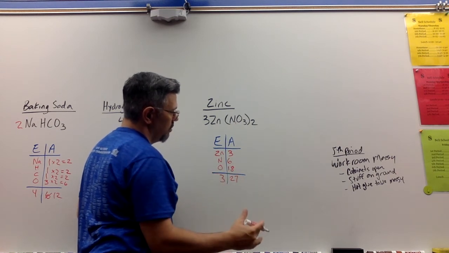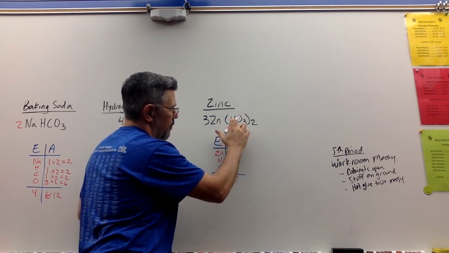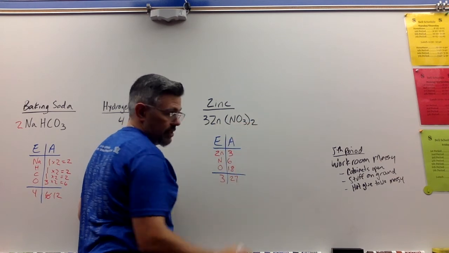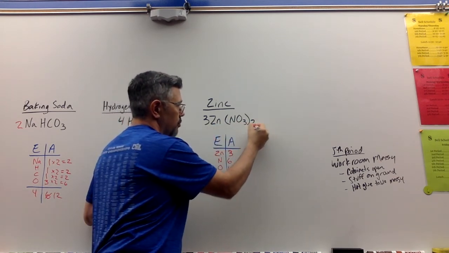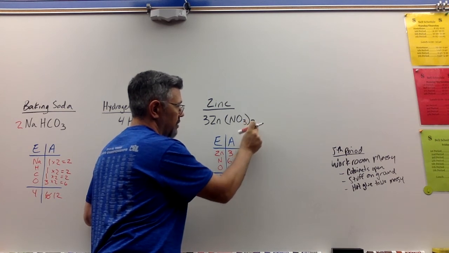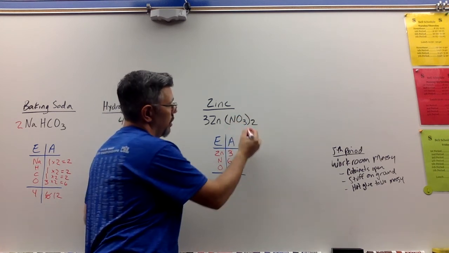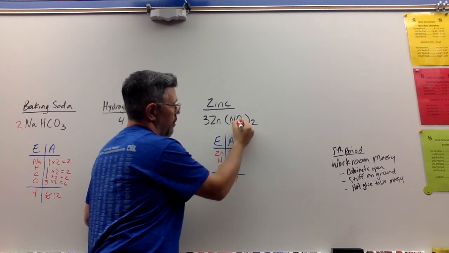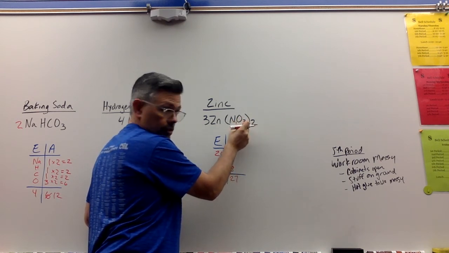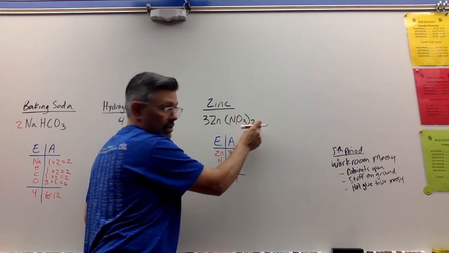So once again, that is how you would break down a formula that actually had a parentheses in here. And so always remember that if you have a subscript attached to the parentheses, that subscript goes to each element within the parentheses. So in this case, let's go inside the parentheses first and know that we have one N and three O's. This needs to be multiplied by that 2.